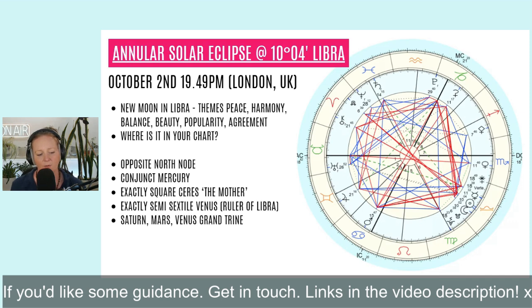And without sounding like I'm taking on a massive story, Ceres is about getting into nature, into the natural rhythms. But the fact that we've got the square is, are we being challenged to get into the natural rhythms? Are we being challenged to consider that we are a guest here on Earth?